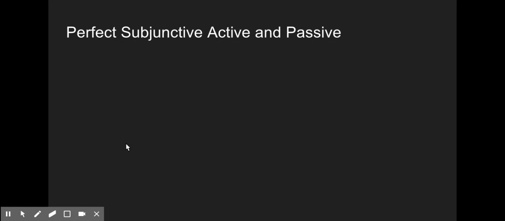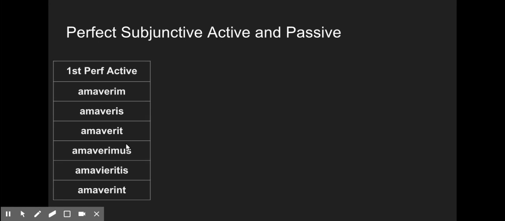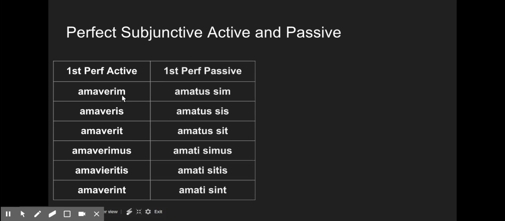Moving on to the perfect subjunctive, you take the third principal part and you put erim, eris, erit, erimus, eritis, erint. It looks very much like the future perfect active for the indicative. The only difference is instead of ero, you have erim. When you form the perfect passive subjunctive for the first conjugation, it's similar to the indicative, except instead of using sum, use the subjunctive of sum.